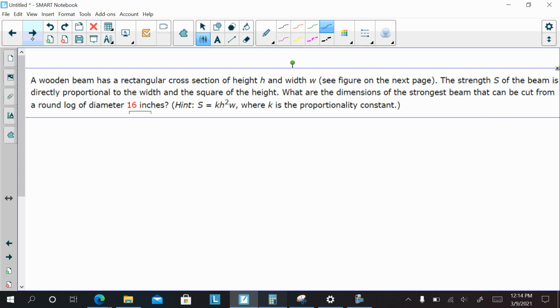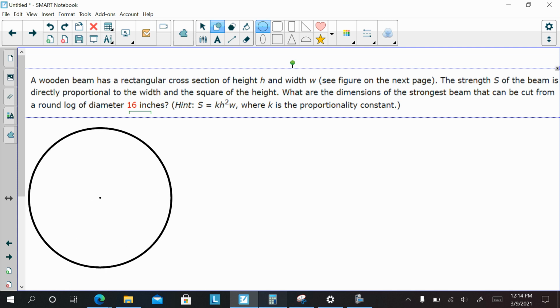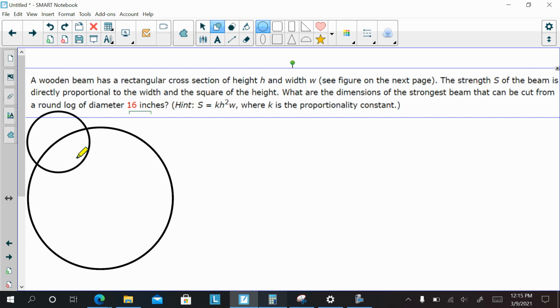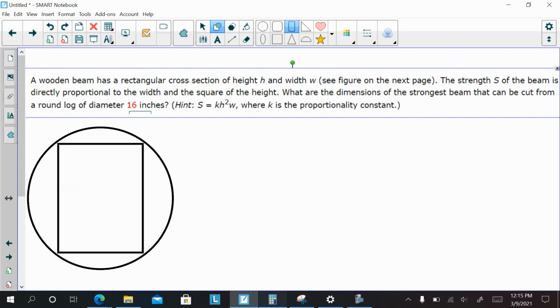So let's do one more. Let me get the picture of this one. We have a log, and we're going to cut a wooden beam out of that log. We want to cut the largest beam we can, or the strongest beam we can.